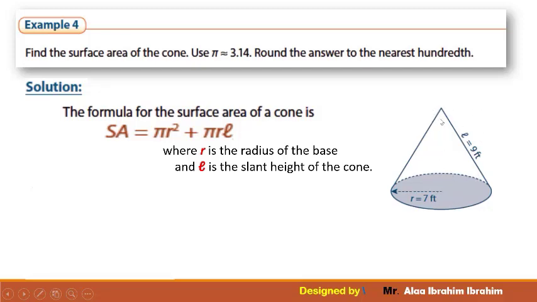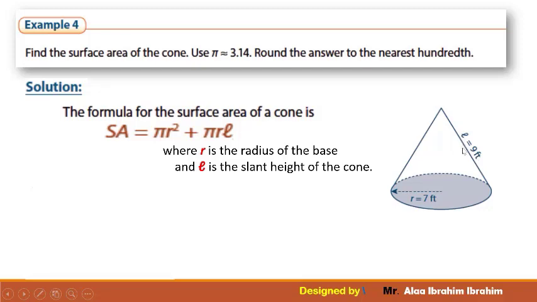We have the height of the cone, and we have the slant, the other meaning for the height of the side. So we have the slant height of the cone, meaning the slope of this side.